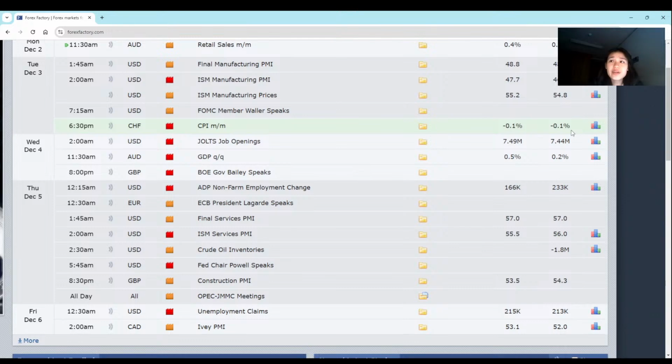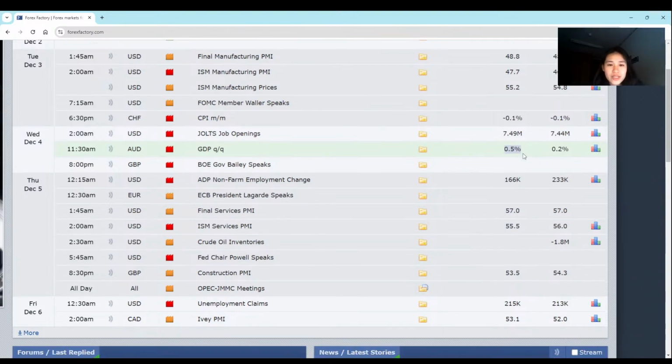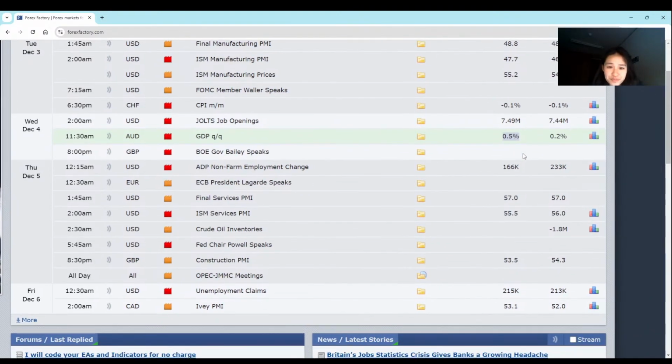On Wednesday, we have US JOLTS job openings, Australia's GDP, also expected to increase to 0.5% from a previous 0.2. We have the Bank of England, Gareth Bailey speaking.